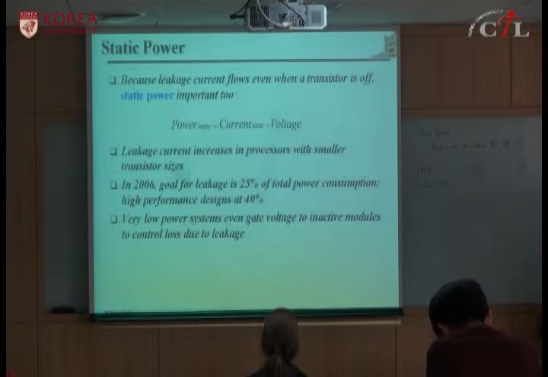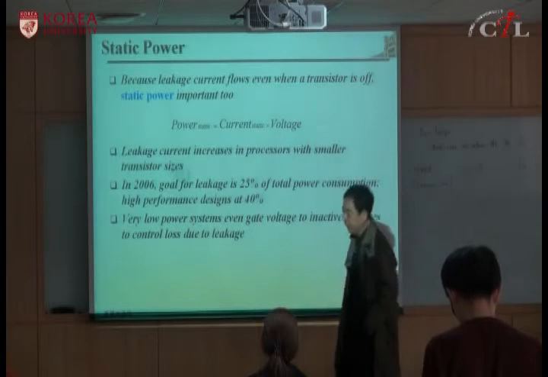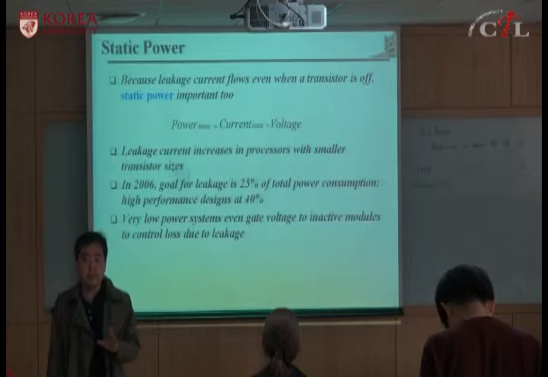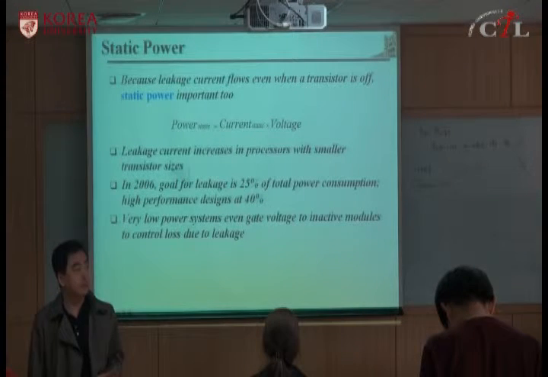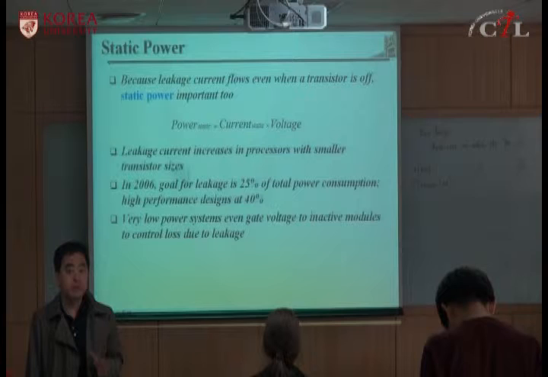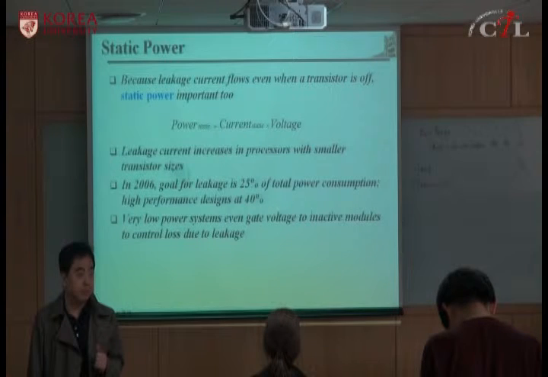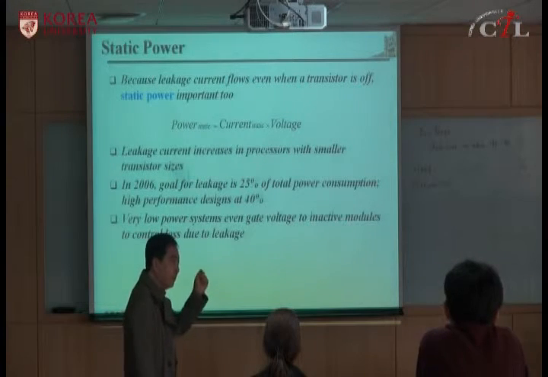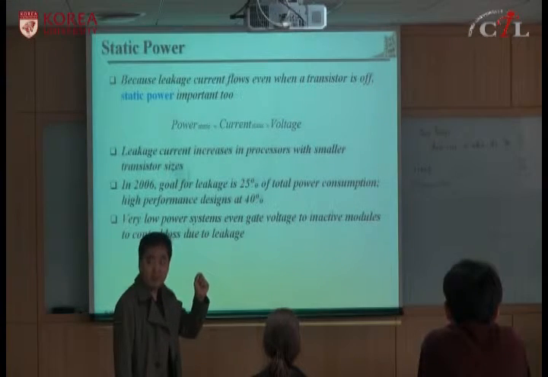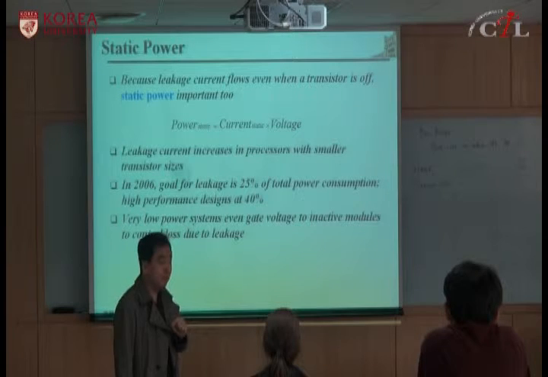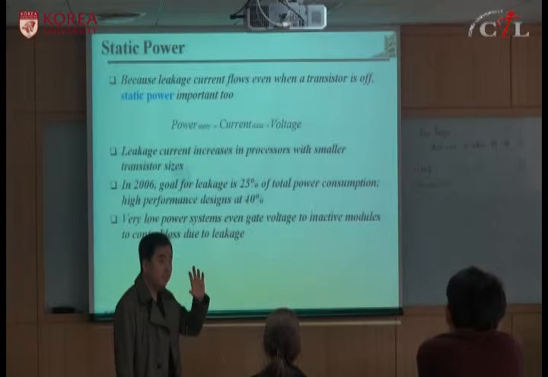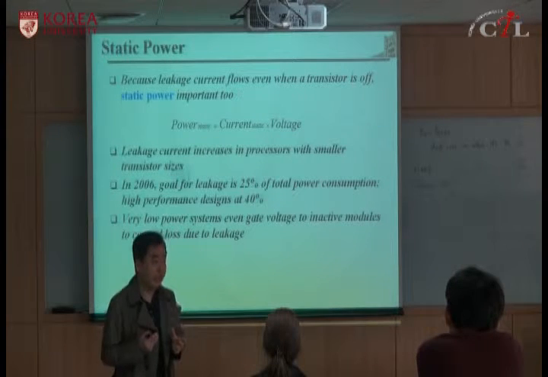Okay, let's review static power. Power consumption can be divided into dynamic component and static component. Dynamic component means switching power. Static component means leakage power. Even though you don't do anything, there is a leakage current flowing from VDD to ground because the semiconductor transistor is not a perfect switch.